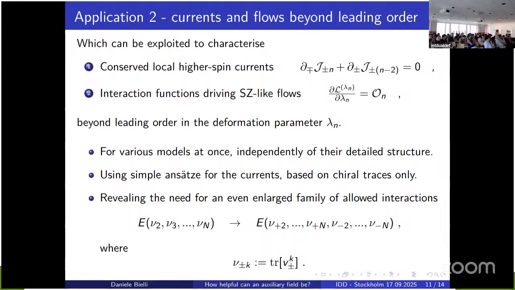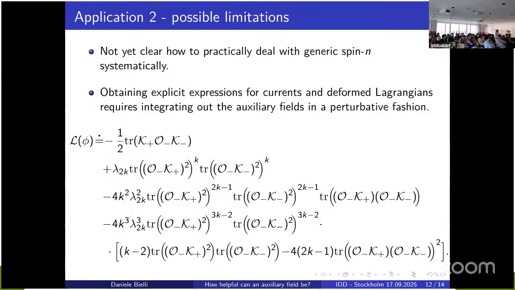Okay, so this is roughly speaking the advantages of the auxiliaries. Now, just to conclude, I wanted to mention some possible limitations that we have noticed. This approach that I just showed for the construction of these higher spin currents seems to give you a prescription to do the calculation.